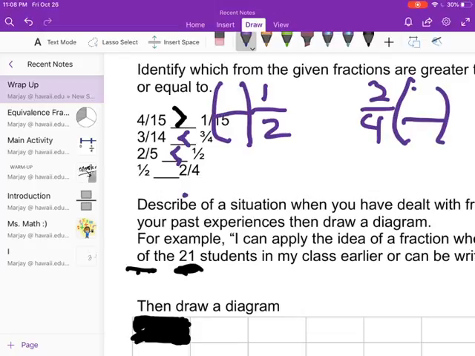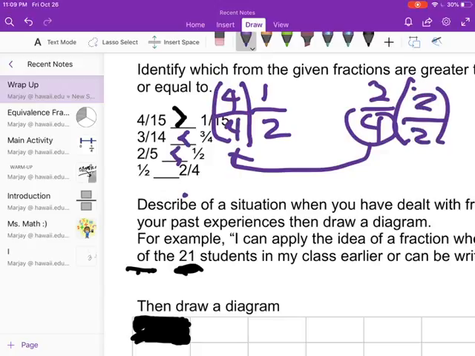Let's just use the same method that we've been using earlier. So multiply 4 times the denominator and numerator, and then 2 on this side.